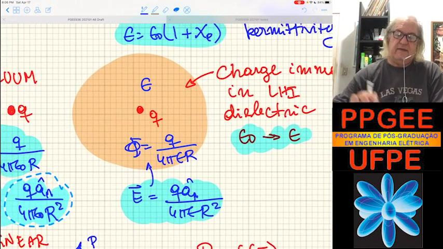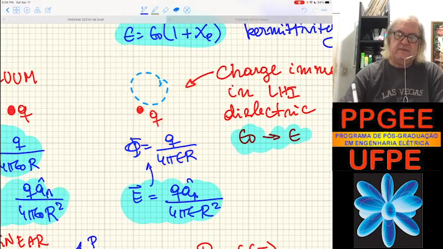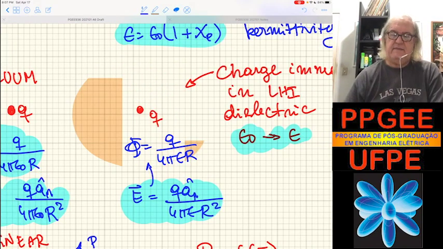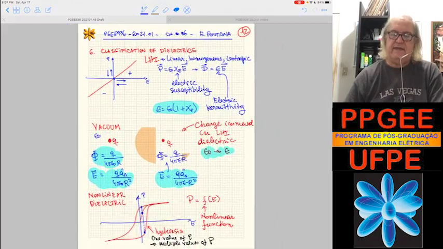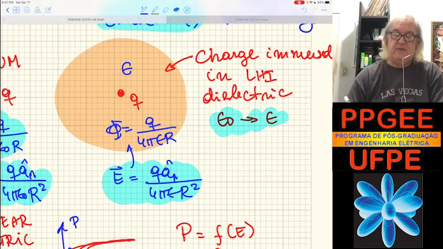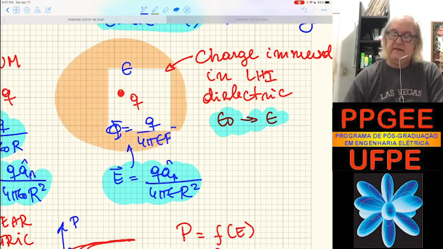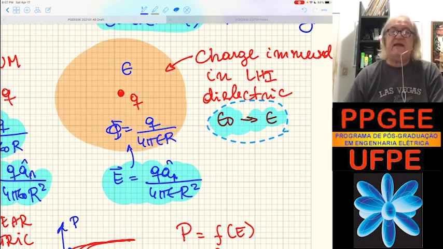If we immerse that charge in a dielectric with permittivity epsilon, then everything you have to do is replace the vacuum permittivity by the material permittivity, like this. That's what you have to do. So it's very easy to do things in a linear system.